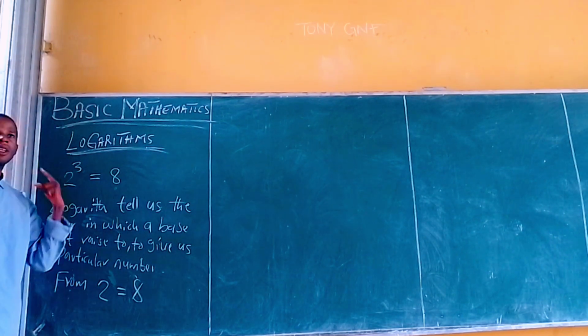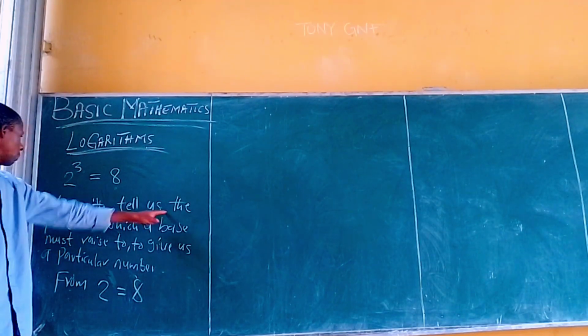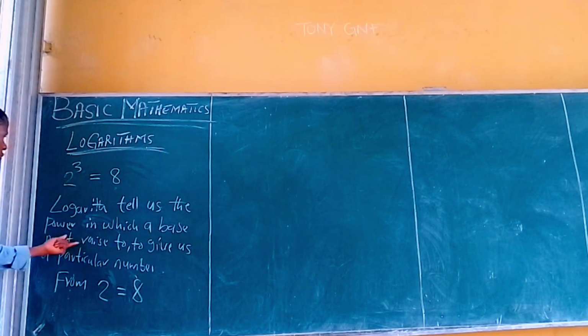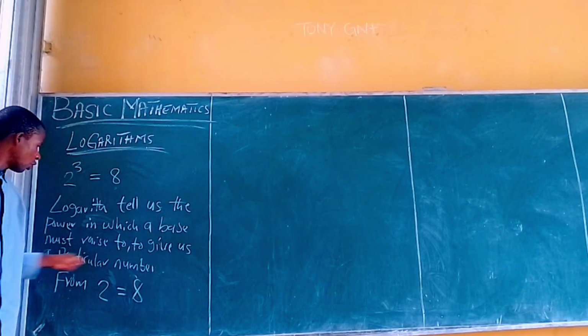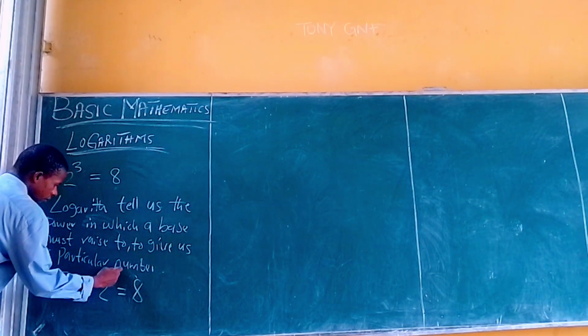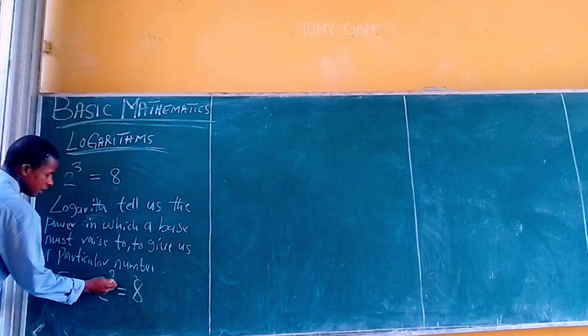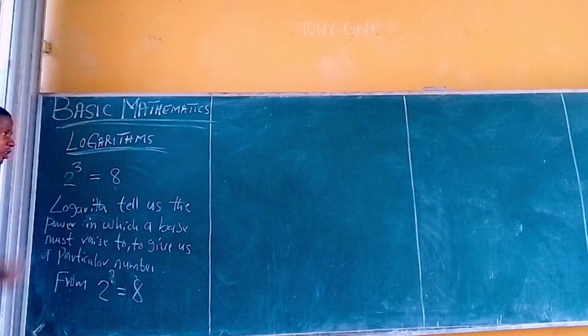That's what logarithm is all about. Logarithm tells us the power to which a base must be raised to give us a particular number. Here we don't know what the power is, so to get the power, we use what they call logarithm.